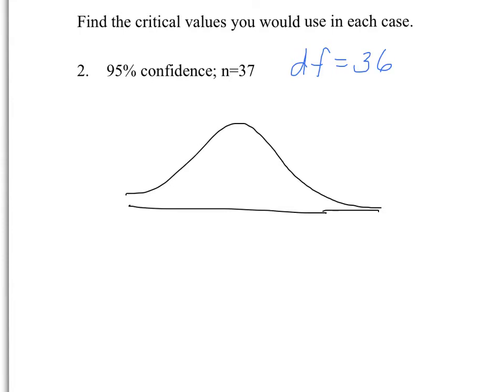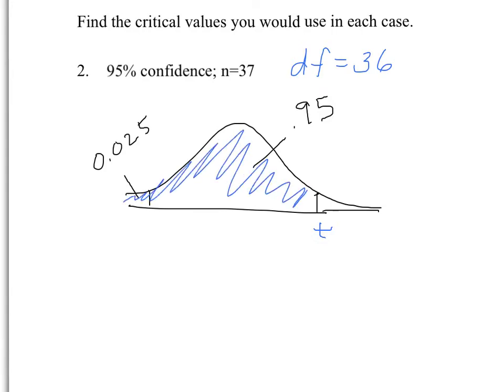And if I want a 95% confidence interval, I know the middle percentage is 95%. And that means the area on this left tail is going to be 0.025, because 5% would be on the outside and half of that would be on the left, which would be 0.025. So if I'm looking to find this t-score right here, I need the area all the way to the left of it, and I know that that area is 0.975.